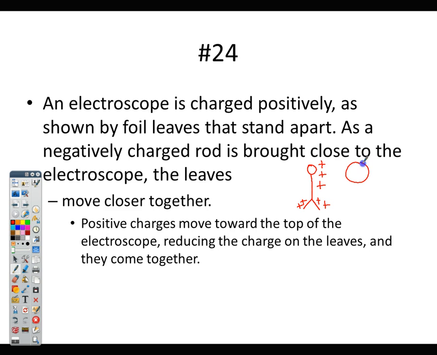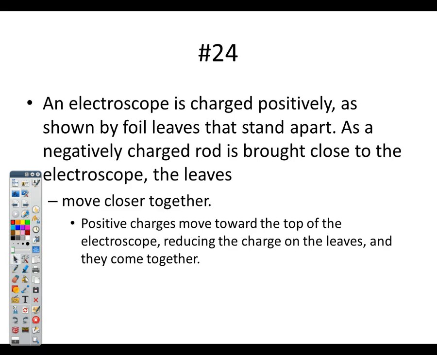The reason is this rod is negative, so it will attract the positive charges, and those positive charges will move up. As they move up, the two little leaves become neutral, and they come back together. It's also explained here: the positive charges move toward the top of the electroscope, which reduces the charge on the leaves, and they come together.